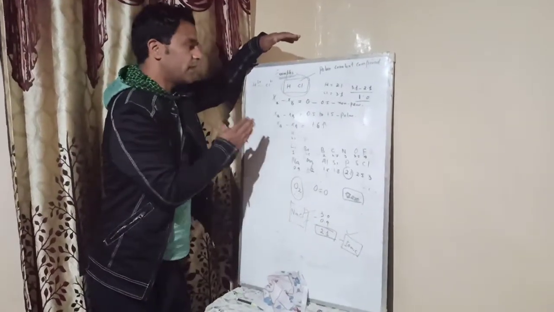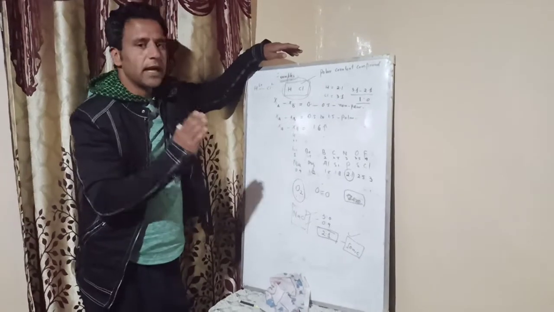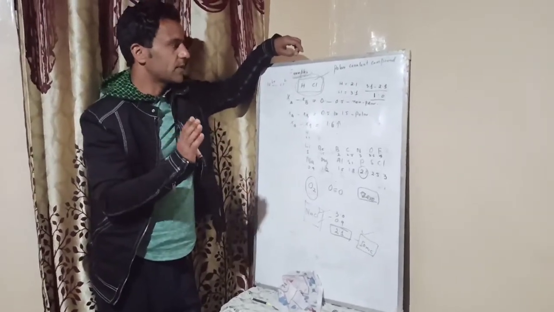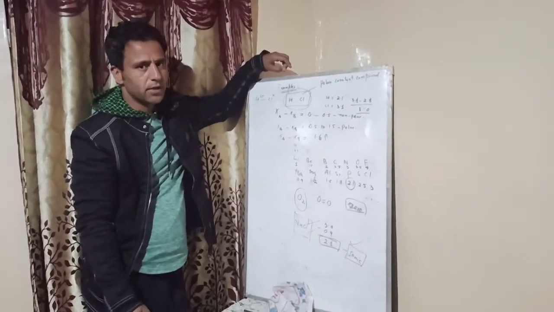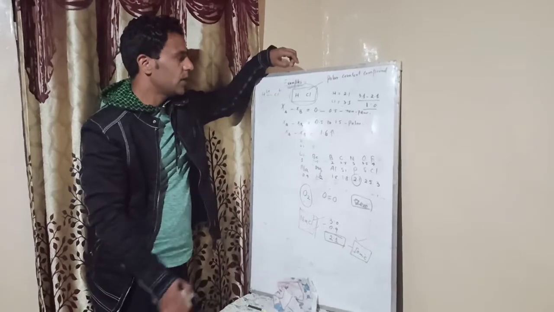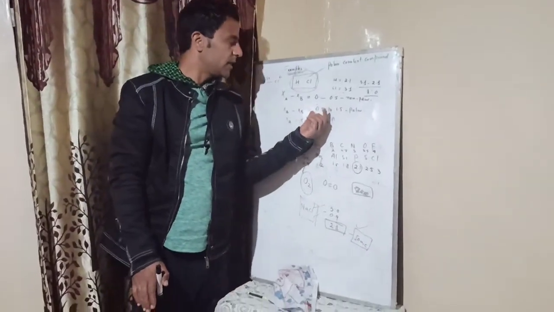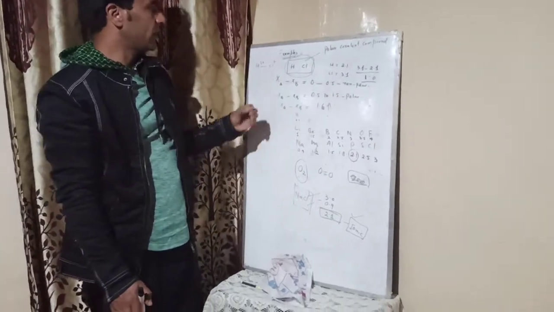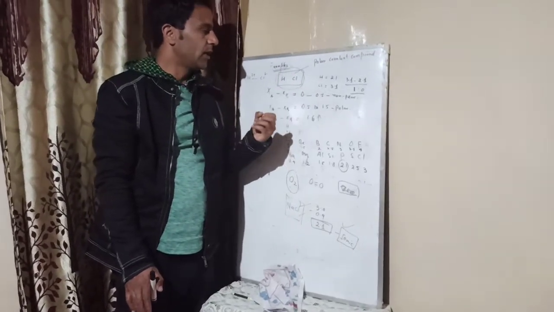So by virtue of electronegativity we can classify covalent compounds into two types, polar and non-polar covalent compounds. Polar covalent compounds usually have an electronegativity difference of 0.5 to 1.5, and in non-polar covalent compounds the electronegativity difference lies between 0 and 0.5.